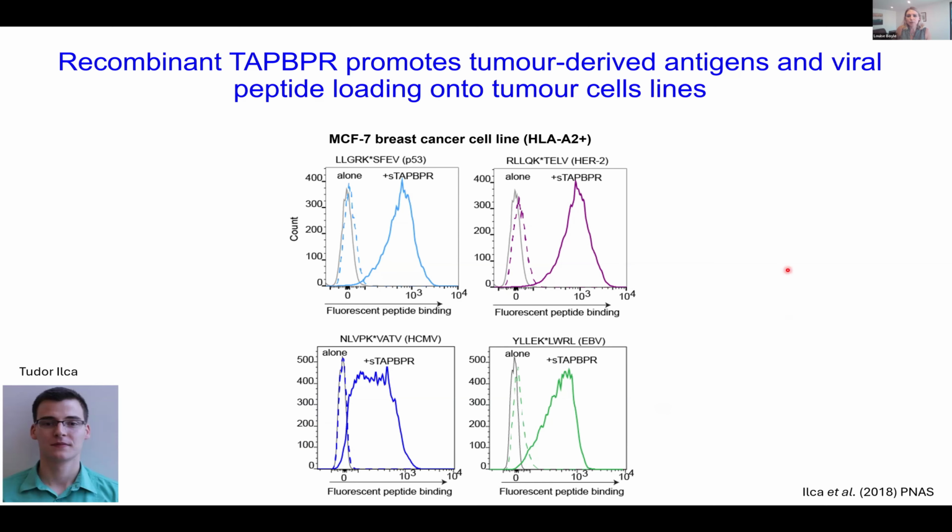So here you can see examples where we loaded HLA-2 molecules that are expressed on the breast cancer cell line MCF7, and we could load peptides derived from P53 and HER2, and we could also load peptides derived from human cytomegalovirus and also Epstein-Barr virus.